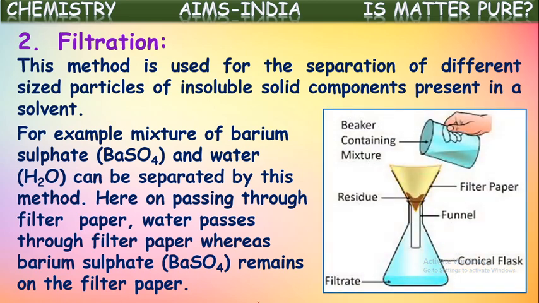So in this way, if we take barium sulfate solution, or the mixture of barium sulfate and water, into a beaker, and if we pour this through a filter paper kept in a filter funnel, now what happens is that pure water will come down, which is called the filtrate, and the barium sulfate, which is an insoluble solid substance, will remain in this filter paper, which is called the residue.